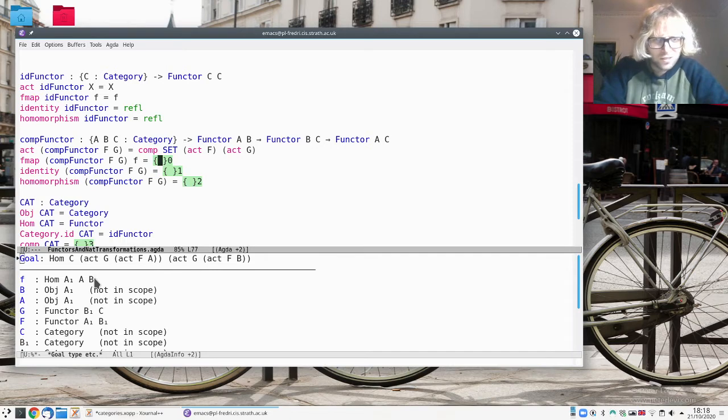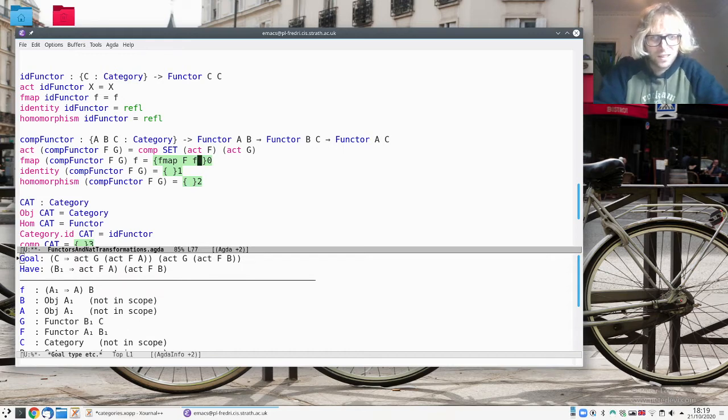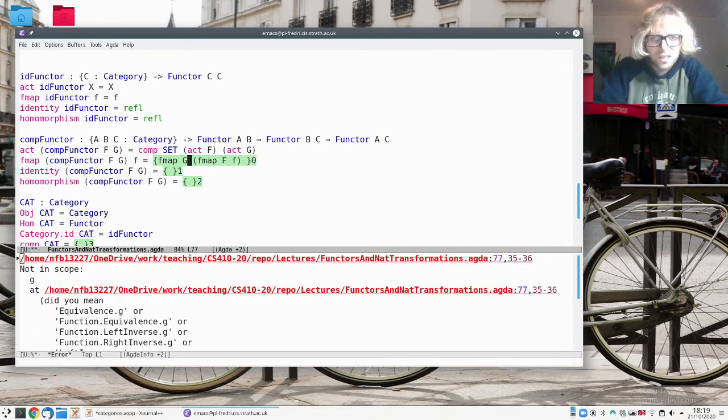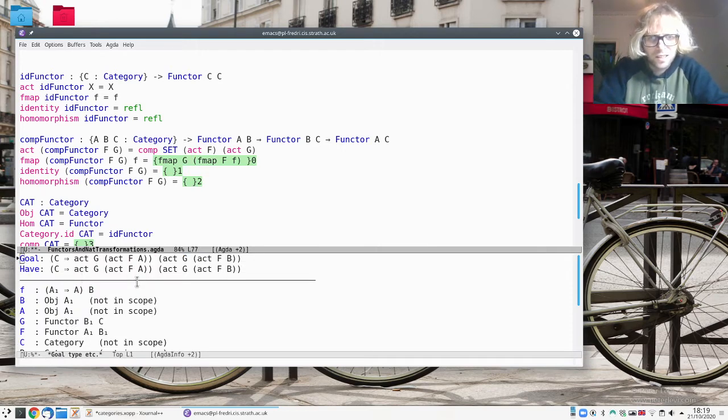We need a morphism in C between g of f of A and g of f of B, right? And we have a morphism in A between A and B. So if I use the fmap part of f and apply that to f, that gives me a morphism in B between the action f of A and f of B. So if I now also do fmap of G of that, then that really does the right thing.